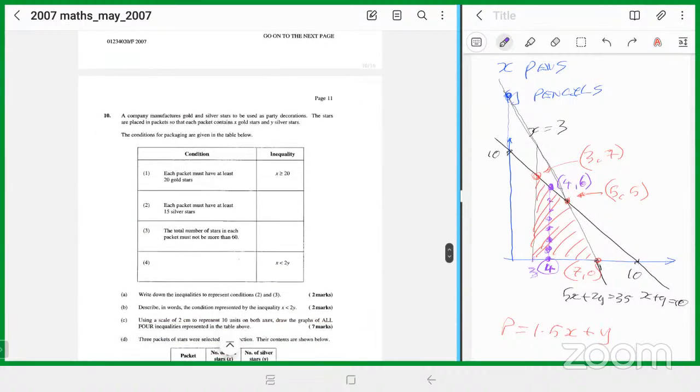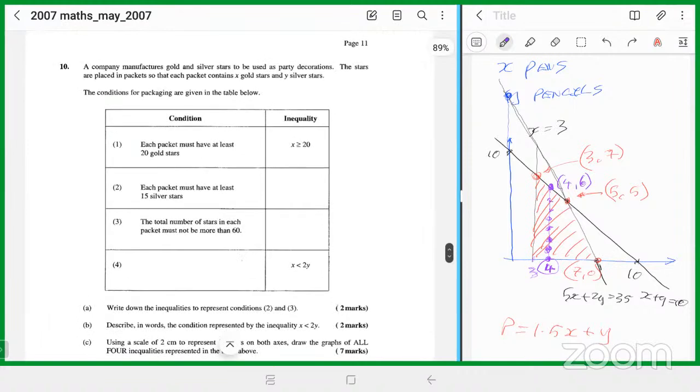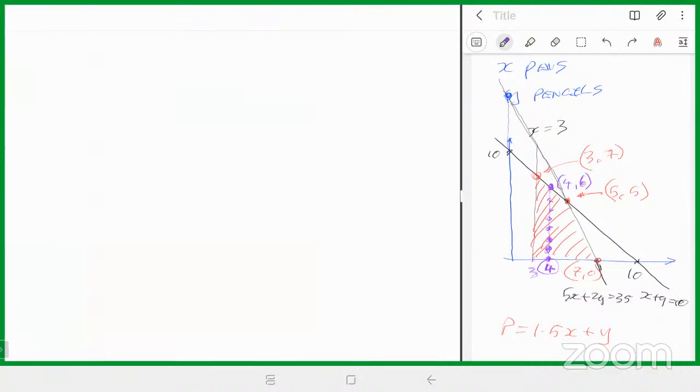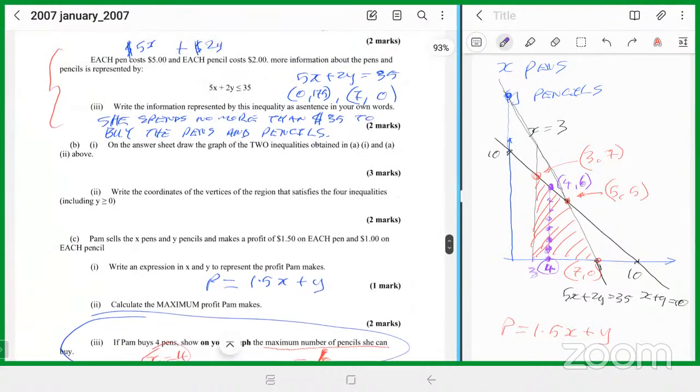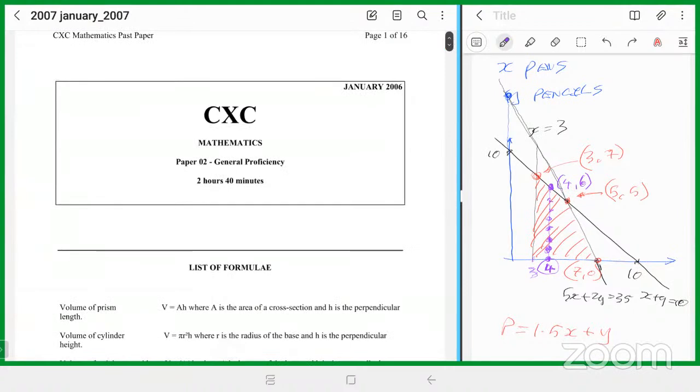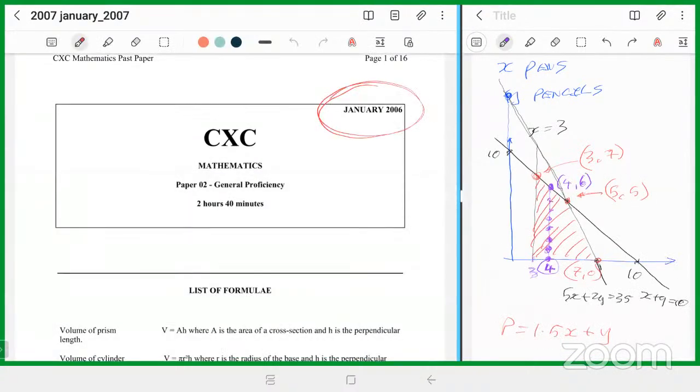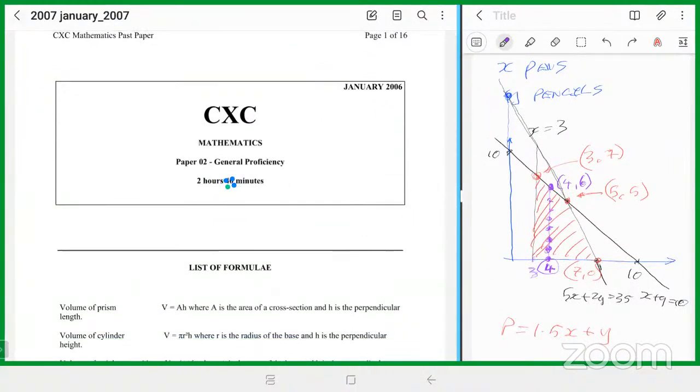All right, there's actually 2007 right here. Maybe the one that we looked at a while ago was really 2006. Let me see. Yeah, see, this is actually 2006. I have it in my system as 2007, but it's actually 2006, right?